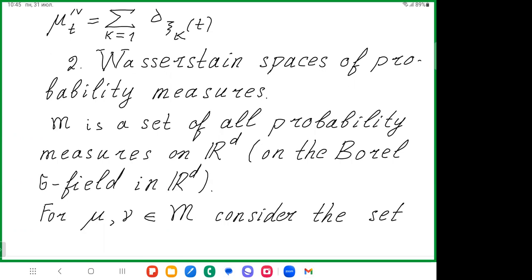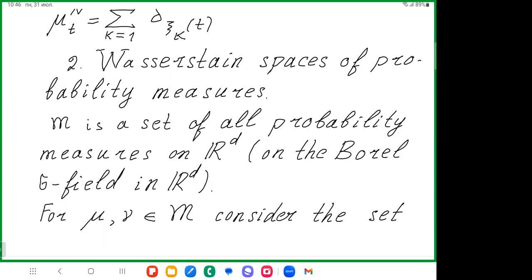In the future, I will emphasize this. But the first time, I just recall that in R^d we have a Borel sigma field which consists of all nice sets like closed and open sets. And we have here a set M of all probability distributions. For example, in M we have, of course, combinations of delta functions with different weights, like we have seen before. Also in M we have some continuous distributions, like Gaussian distributions, and so on.